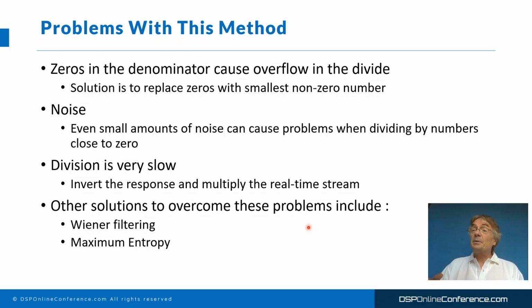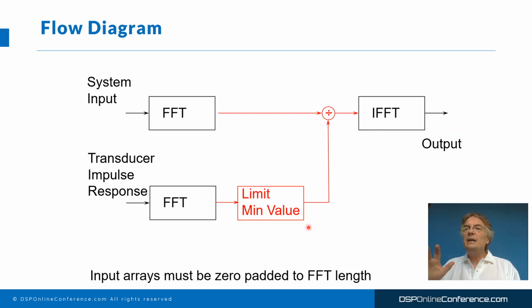In this particular application, I pre-calculated the transducer impulse response, passed it to the frequency domain, performed the 1/x pre-calculation, so actually converted the division to a multiplication operation, and then was able to run that at full speed, full sample rate processing mode.